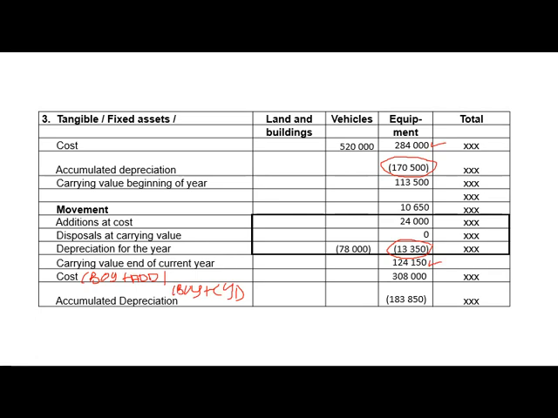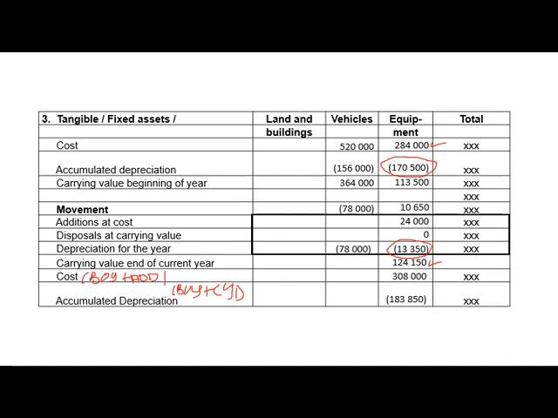Now, when it comes to vehicles, cost at the beginning of the year was 520,000. Accumulated depreciation at the beginning of the year was 156,000. Take 520,000 minus 156,000, you will get 364,000. Then to that, well, there's no movement. We didn't buy any vehicle. We didn't sell any vehicle. So the only movement will be depreciation that you will put in brackets.